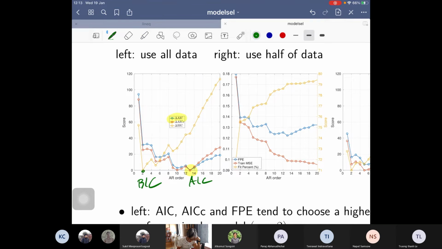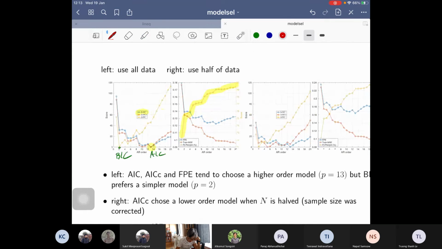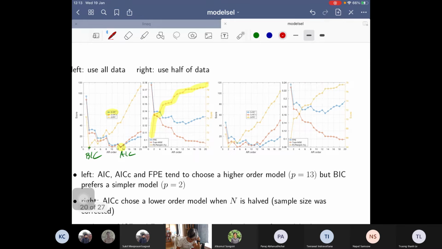And on the right hand side of the curve, we have another indicator called fit percent. Fit percent is the higher the better. It's actually the degree to which the model explains y. Now this is how it looks when you use only half of the data.